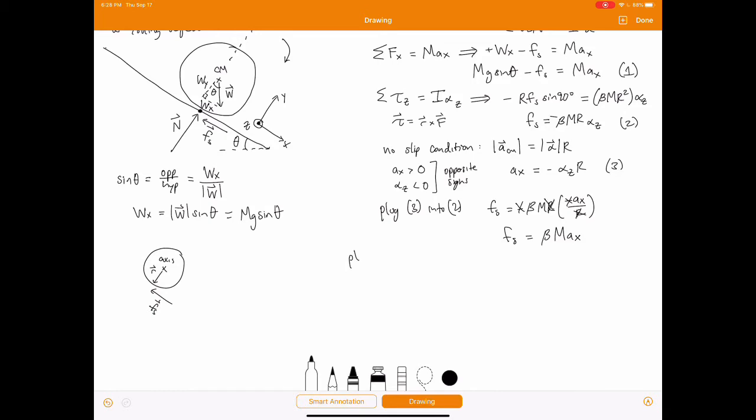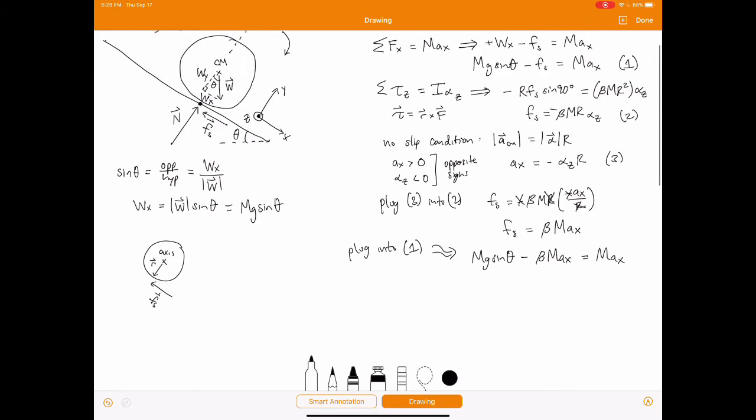Now what we're going to do is plug that result into the first equation, and that gives us mg sine theta minus Fs, which is beta m times a x, should equal m times a x. So we're about to solve for a x. Notice how the mass drops out. It doesn't matter what that is.